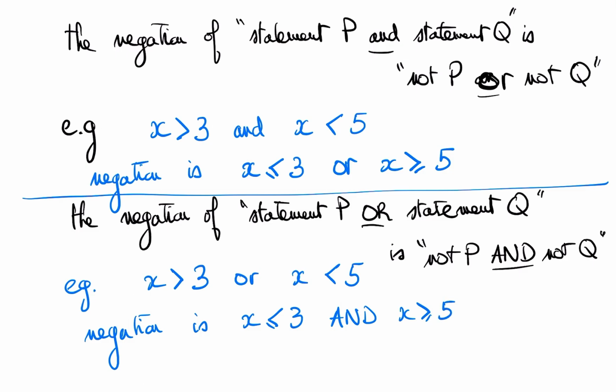These two laws together are called Morgan laws, often used in electronics, weirdly enough. Okay.